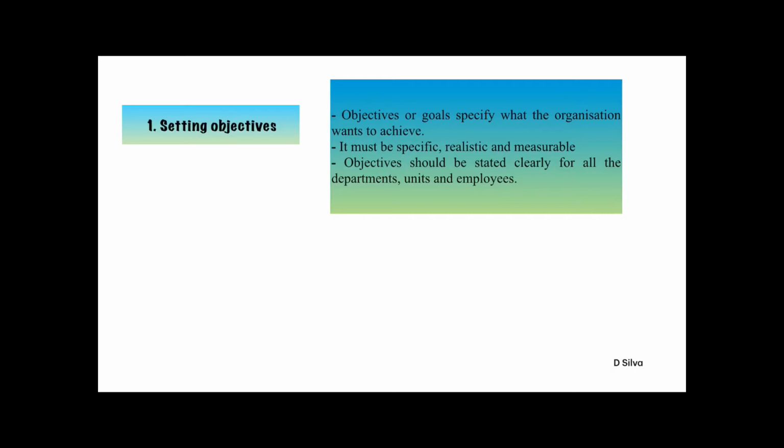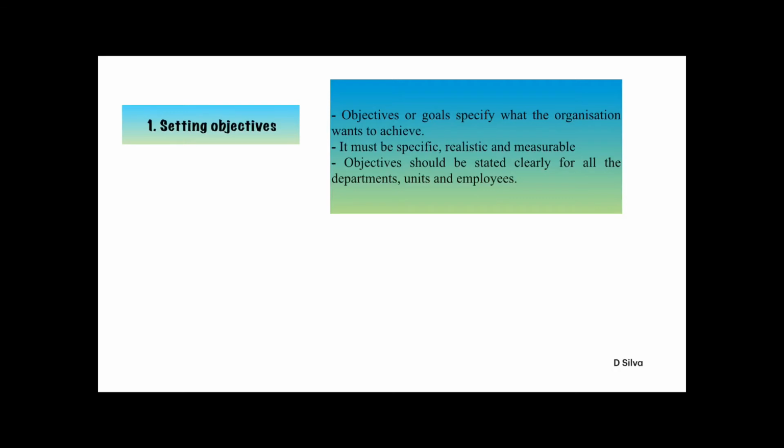Setting objectives or goals is the very first step. Secondly, the goals should be very simple, realistic, specific, and at the same time measurable. And these objectives should be conveyed to all the departments, to different units, and to every employee in the organization.